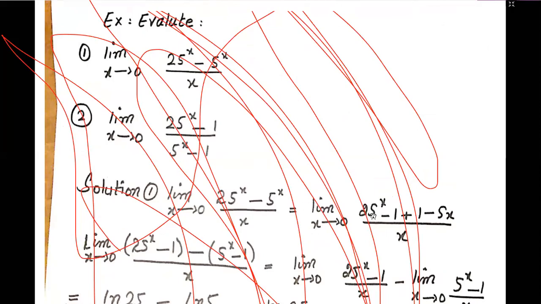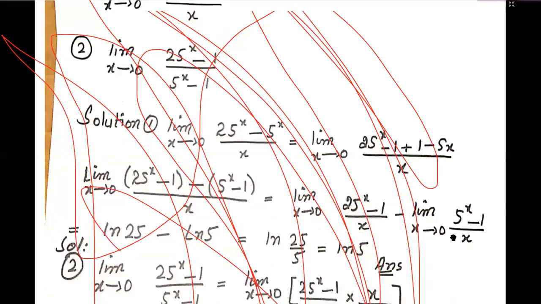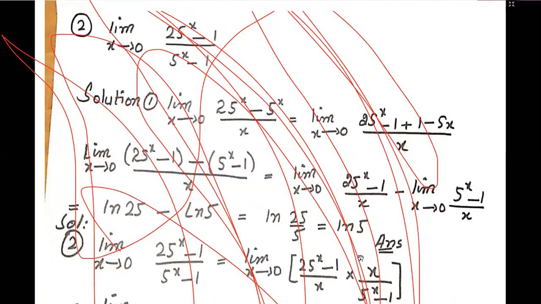Here 25^x minus 1 and plus 1 upon x. So this is (25^x minus 1) minus (5^x minus 1) over x, and we apply the limit. This equals ln 25 minus ln 5, and ln 25 minus ln 5 equal to ln(25 upon 5), which is ln 5.